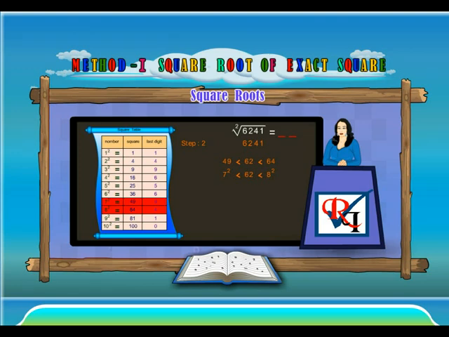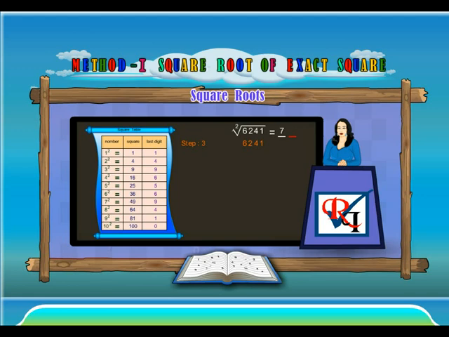Now what we have to do is simply neglect 8, as 7 squared, that is 49, is less than the given number 62. We take 7 as the tens place digit of the square root and we write it here.